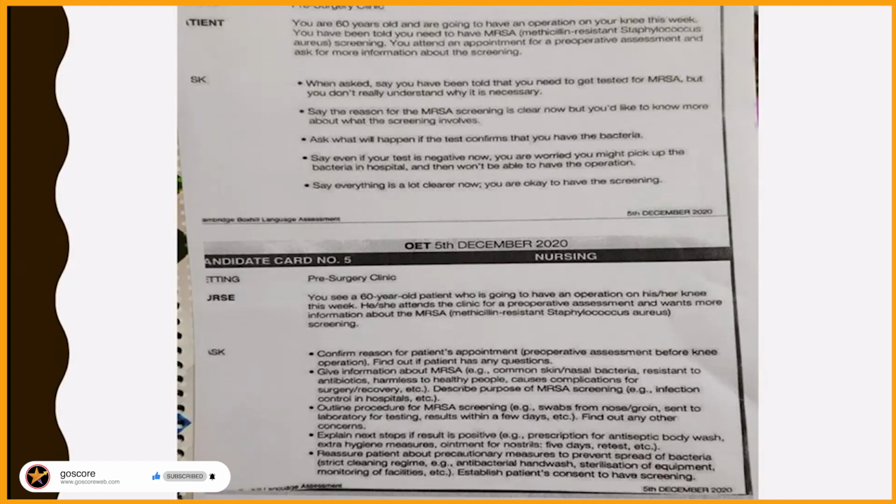So when the patient says, I don't know why I have to undergo this test, how do you say it? Give information about MRSA. You can say, well, don't worry, I shall explain regarding MRSA, or I shall explain a little bit about MRSA. See how I'm going to build up the sentence. Students, please note how I'm going to build up the bullet points.